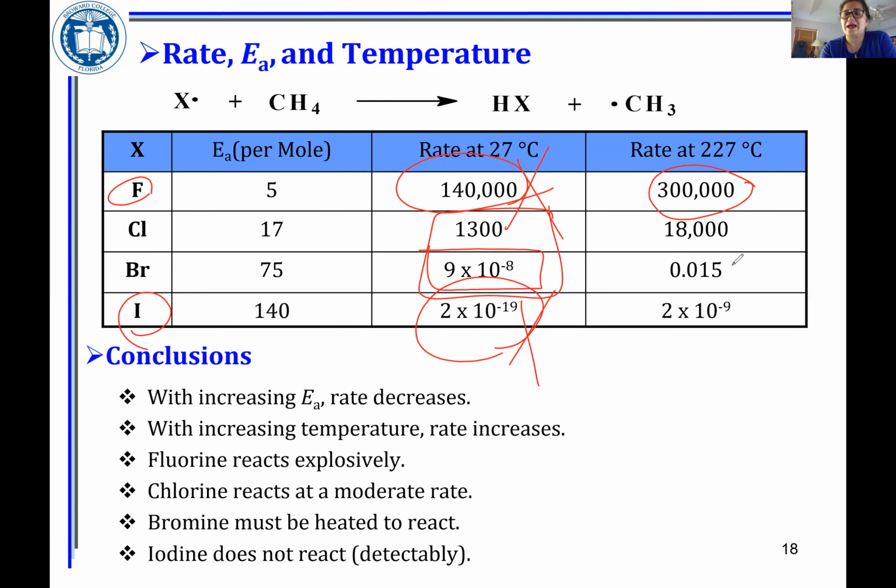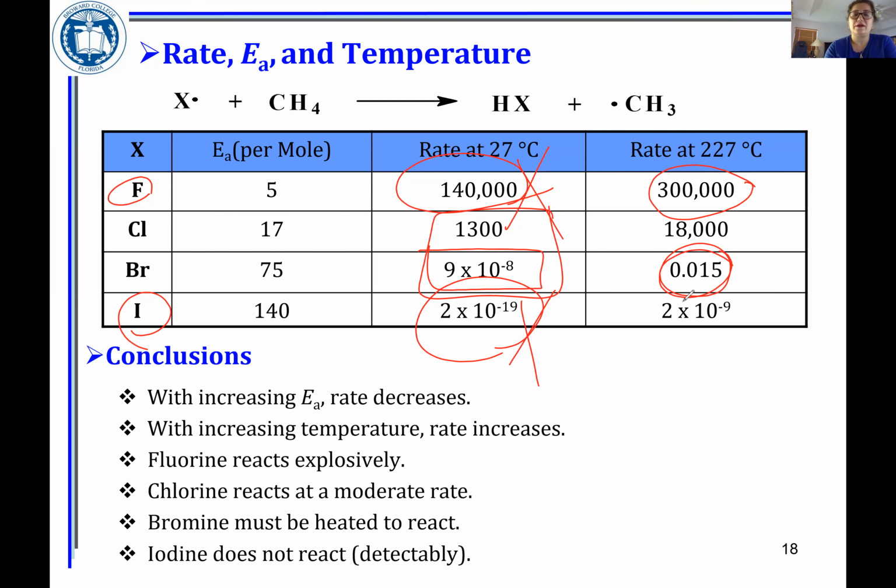You see that at high temperature the rate is going to increase, because temperature can affect the rate of the reaction, especially for an endothermic reaction. If it's endothermic and you increase the temperature, it's going to affect it more significantly.